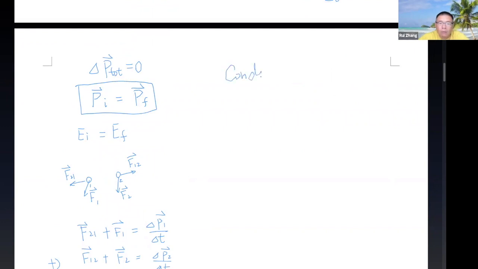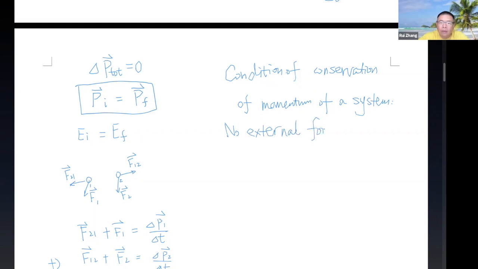So the condition of the conservation of momentum of a system is there's no external forces acting on the system.